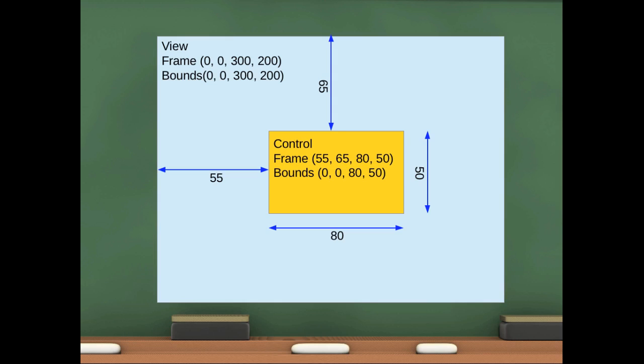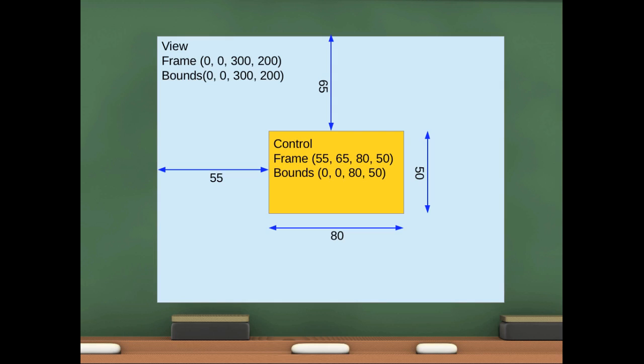So the view's frame is 0, 0, 300, 200. The control's frame is 55, 65. In other words, it's 55 points to the left in the view and 65 points from the top into view, and then its width is 80 and its height is 50. This control's bounds, though, are 0, 0, 80, 50, because now we're looking at the internal coordinates of the control.